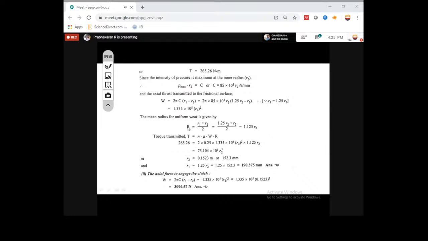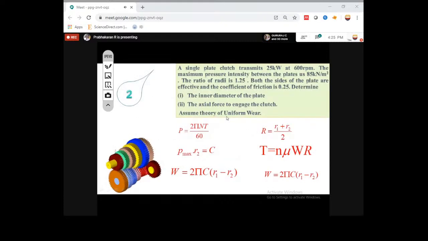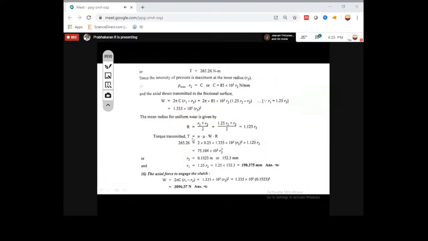So here next, for R, uniform wear theory, because they have not mentioned any theory. Sorry, here they have mentioned to assume the theory of uniform wear. If they have not mentioned, you can assume uniform wear. Okay, if they have clearly mentioned uniform pressure, it means you should use the other theory, that is the uniform pressure theory.